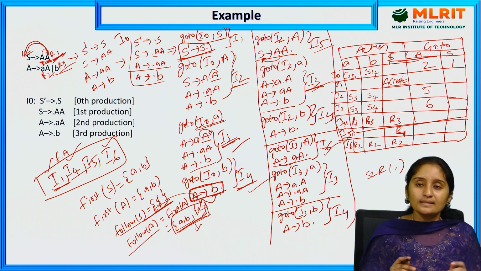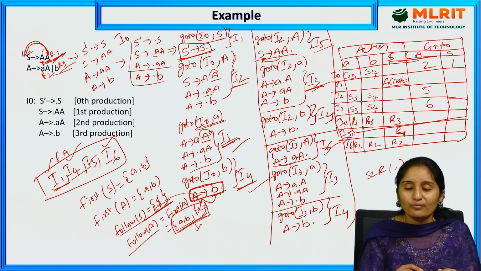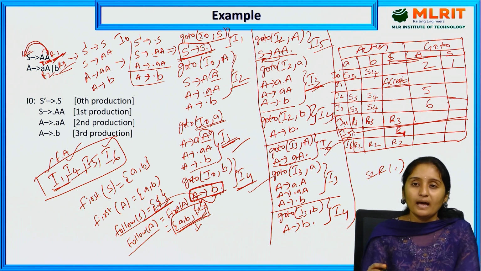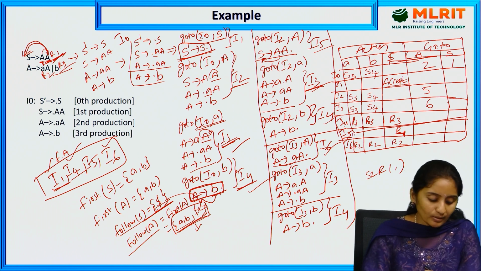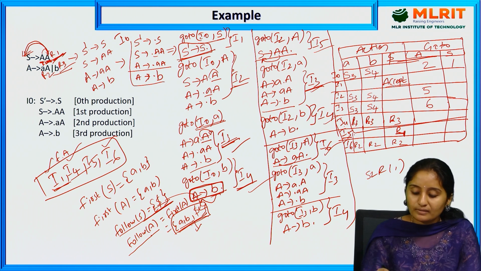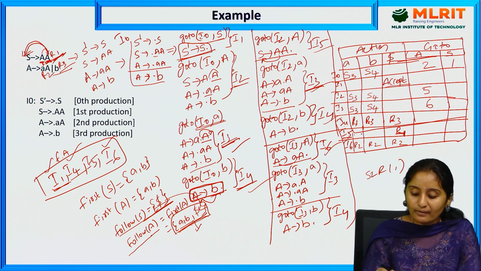So what is the difference between the LR(0) parsing table and the SLR(1) parsing table? In the LR(0) parsing table, we have written all the reduction numbers directly in each final state. Here, I4 we got R3 according to the follow function. Coming to I5, in the LR(0) table we wrote R1 everywhere.